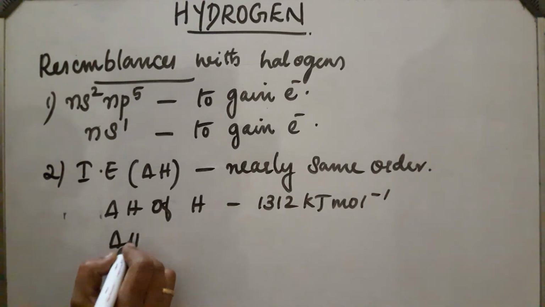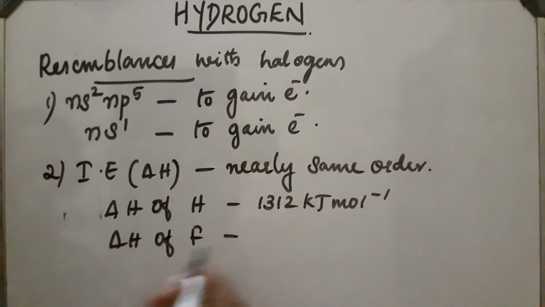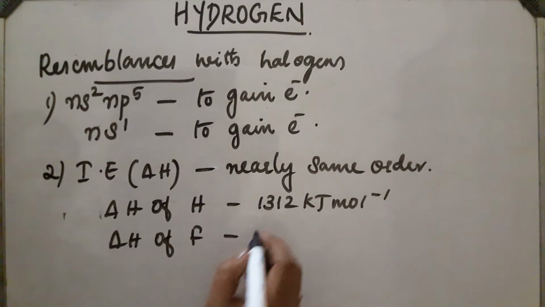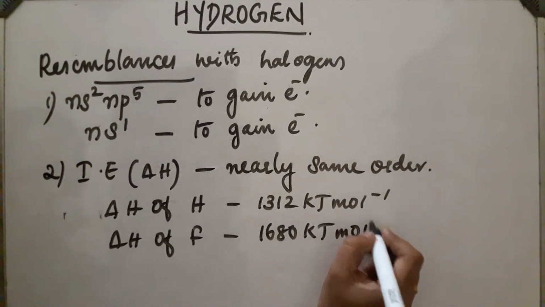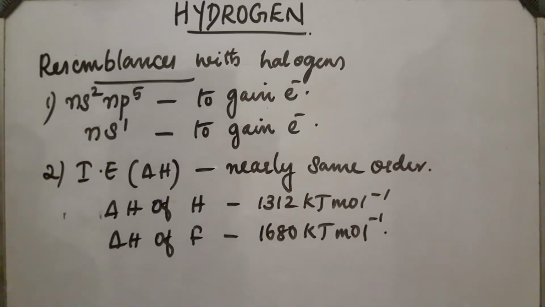In the case of fluorine, it is found to be 1680 kJ mol^-1. So almost near. This is the second resemblance.